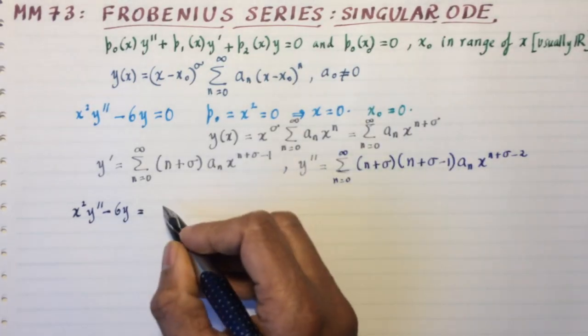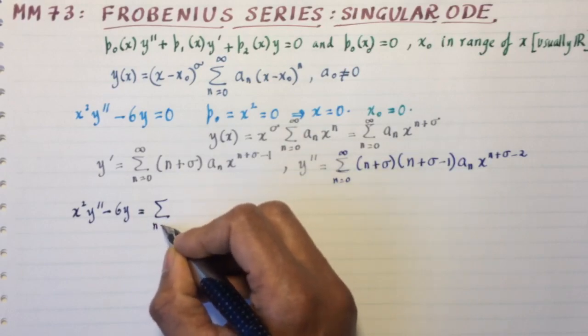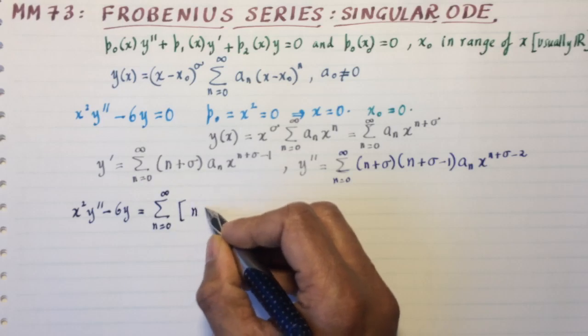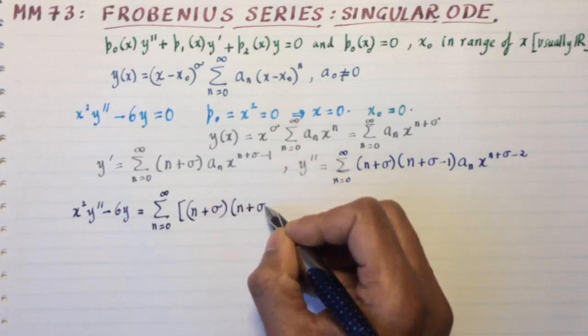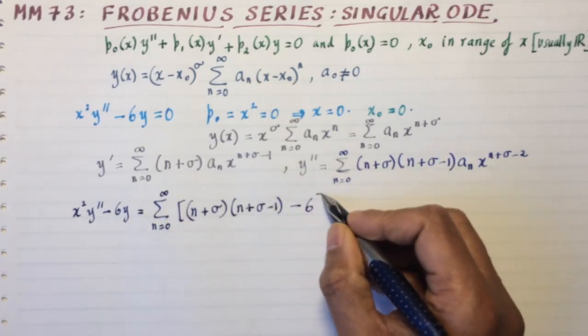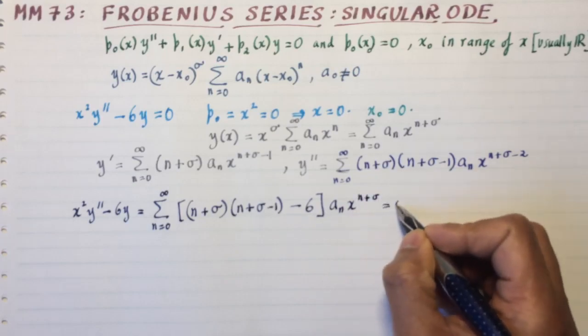So I'm in luck. There is no odd term running around. So the sum from n equals 0 to infinity. Putting everything together, I just get (n plus sigma) times (n plus sigma minus 1) minus 6, because of that 6 here, times a_n x to the n plus sigma is equal to 0.